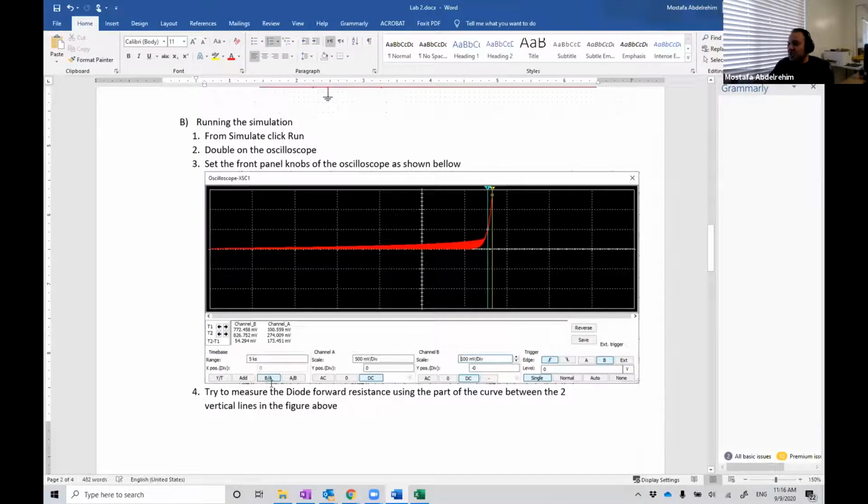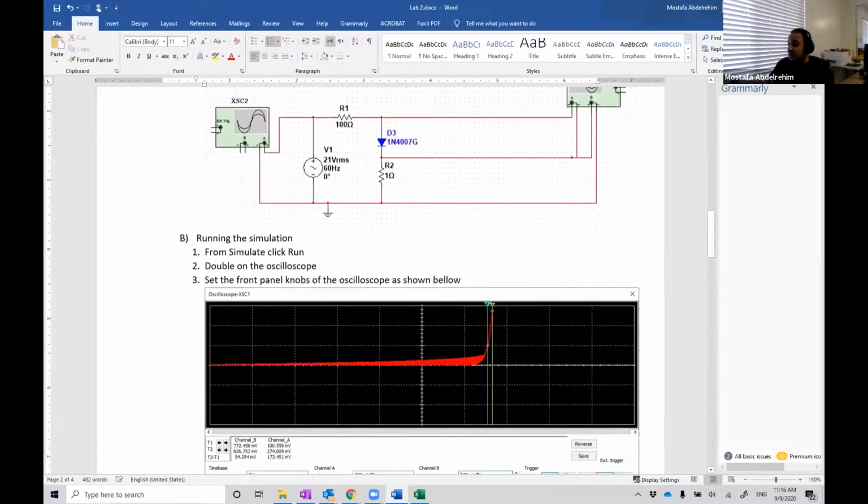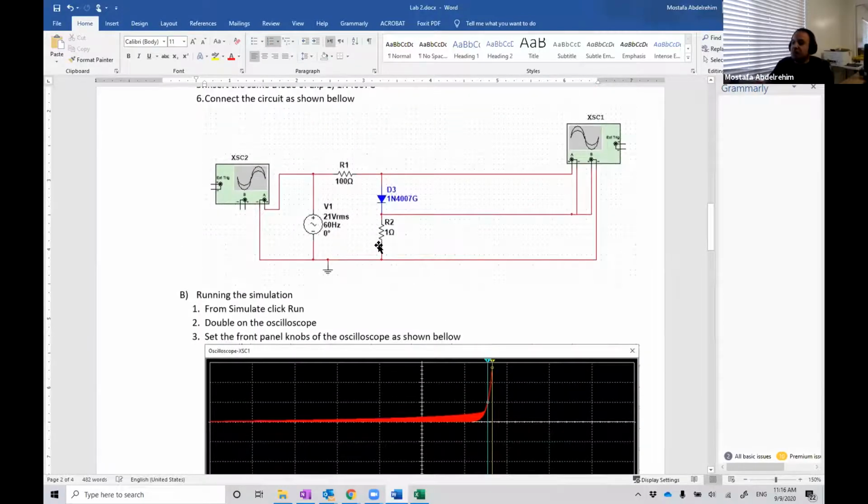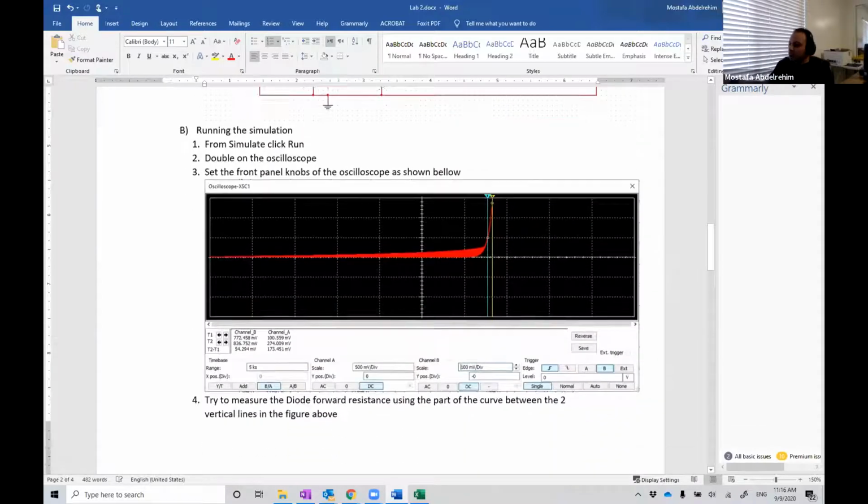So B/A means XY mode. You have two signals input to the oscilloscope, and you draw them together, not versus time. B/A means the signal on channel B is on the vertical axis, and in that case it's the current, because the current is equal to the voltage across R2, which is 1 ohm.